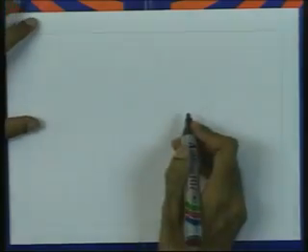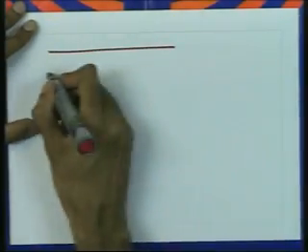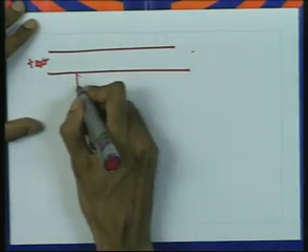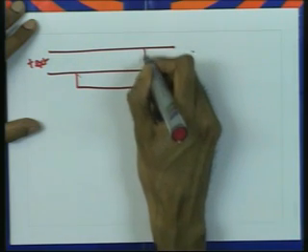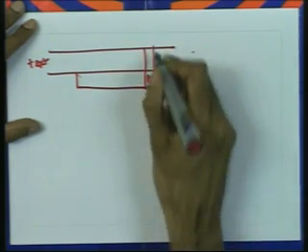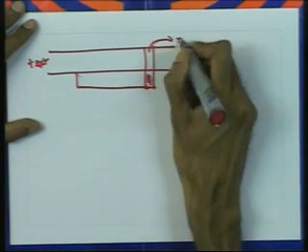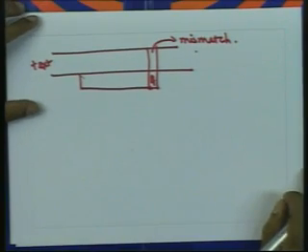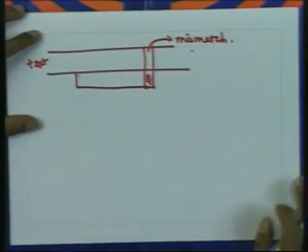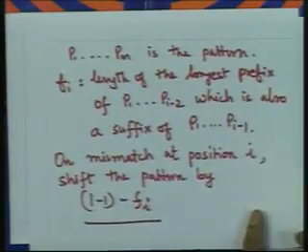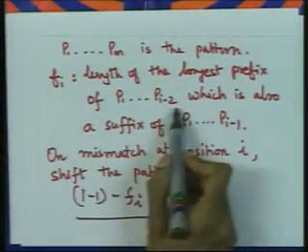Okay, so here is my text. This is a pattern, and this is, let's say, the ith position in the pattern, and there is a mismatch. Now, let's see what this says. Fi is the length of the longest prefix which is also a suffix.